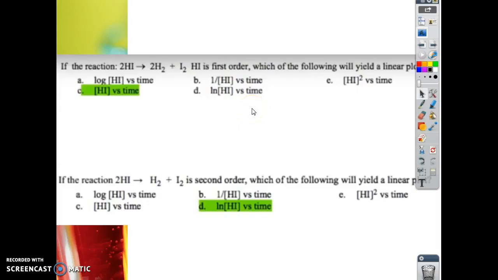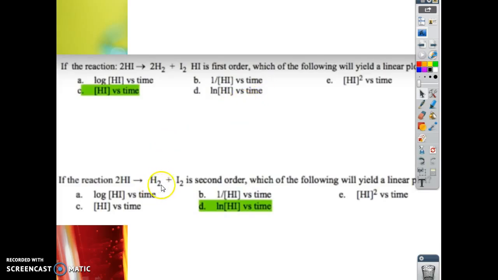And since it says it's first order, we know that something that's first order should look like D here, which would be the natural log of our concentration plotted against time. If you look back at your graphs, you'll see that.